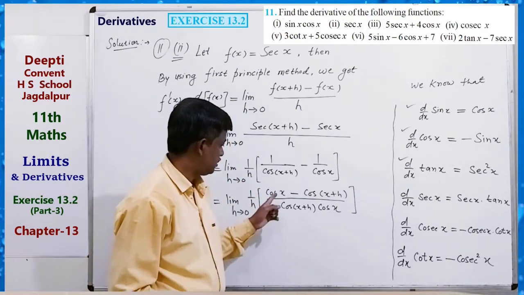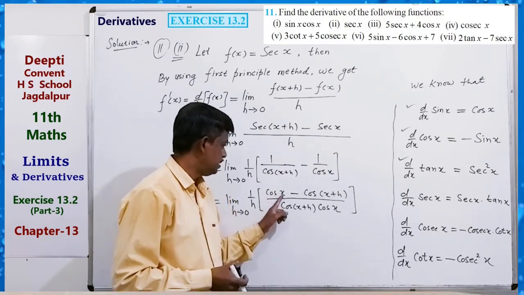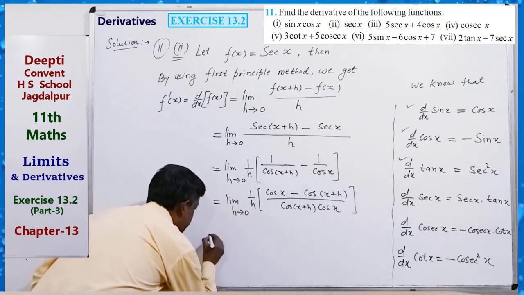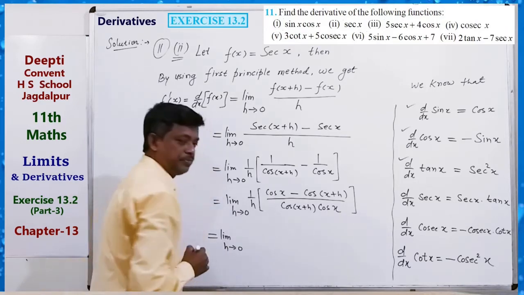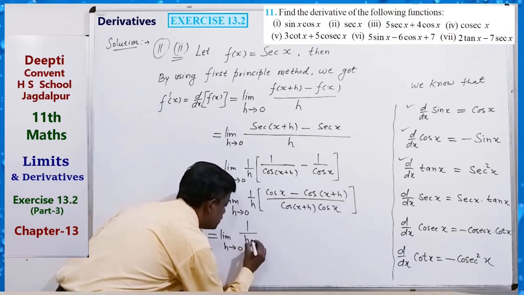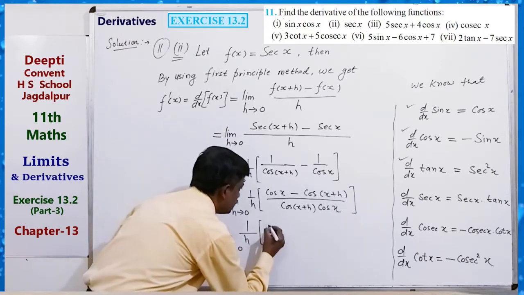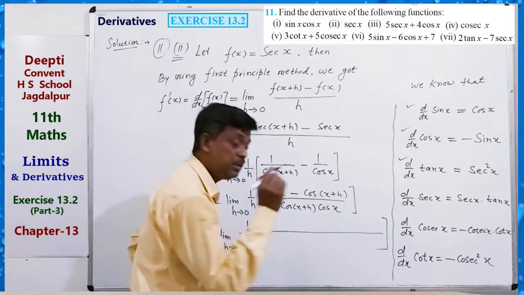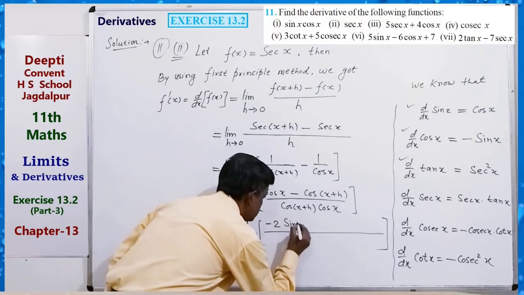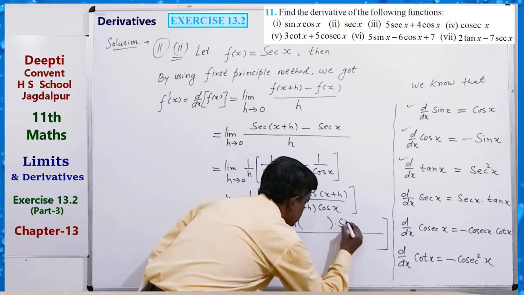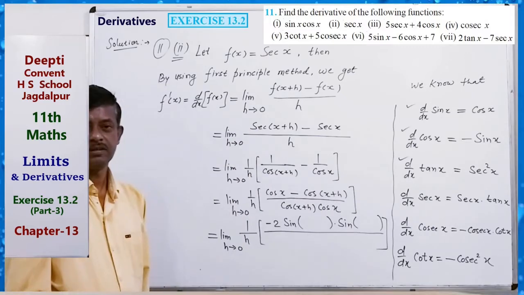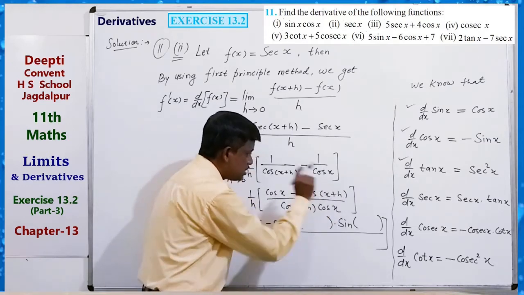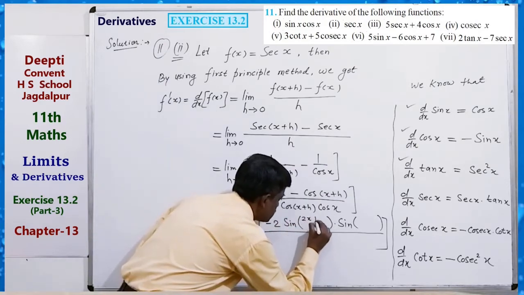So if we treat this as c and this as d, then we get limit h tending to 0, 1 upon h, minus 2 sin((c plus d) by 2) sin((c minus d) by 2). c plus d by 2, where c is this and d is this, so (2x plus h) by 2.